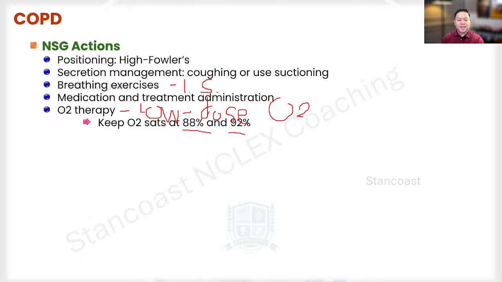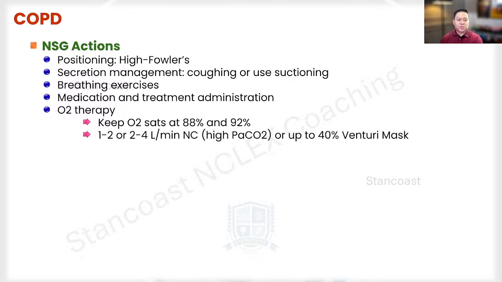That's it. Now, in some cases, though, they might need some kind of rescue. And so they probably would need at least 2 to 4 liters in some instances, but not for a prolonged time. Most of the time they're going to be sticking to 1 to 2 liters.